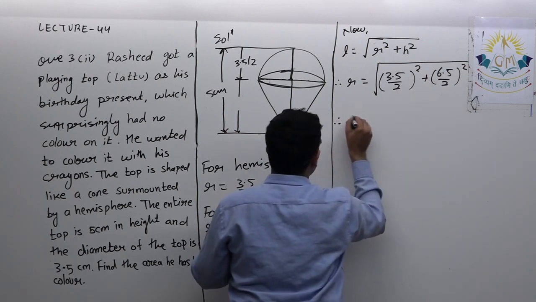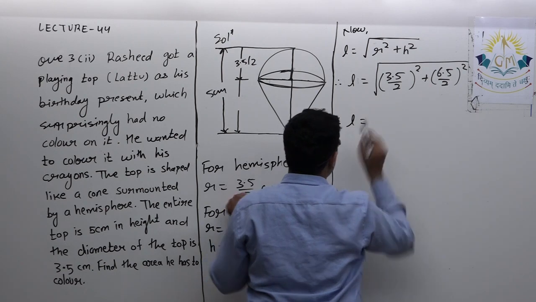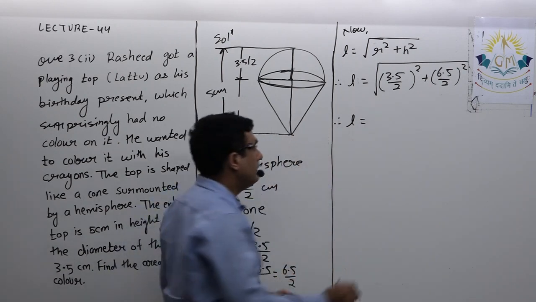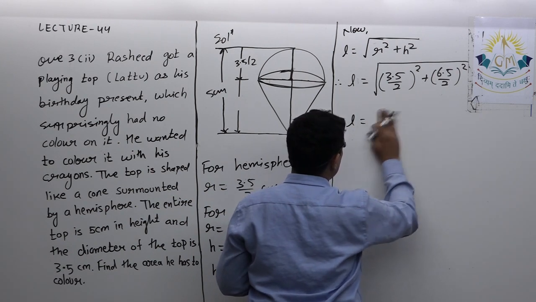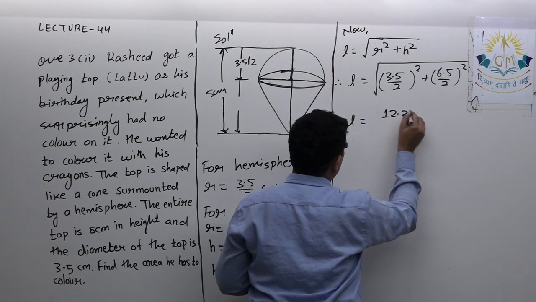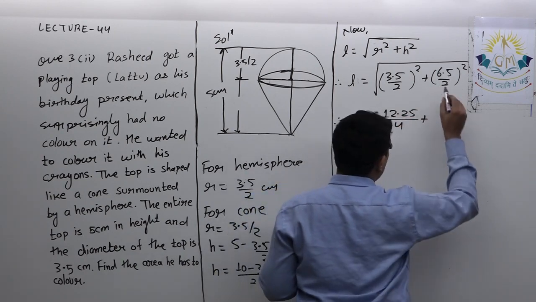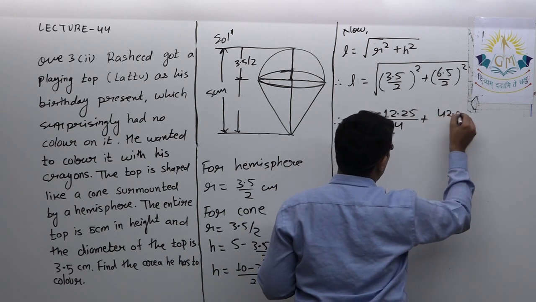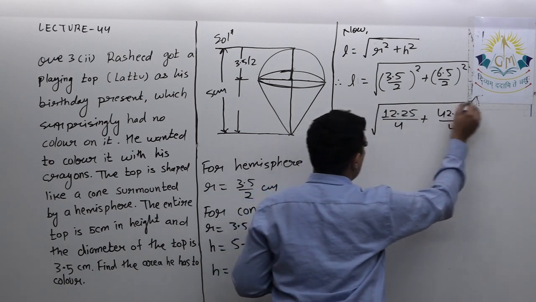So therefore not r, actually it is L. So L is equal to, now square of 3.5 is 12.25 upon 4, and square of 6.5 by 2 is 42.25 upon 4. Definitely root sign is there.